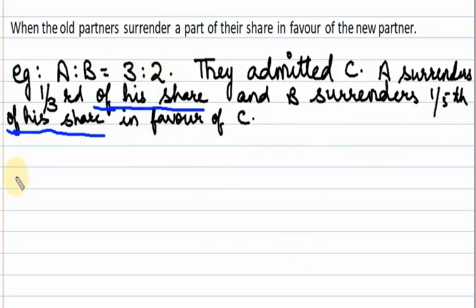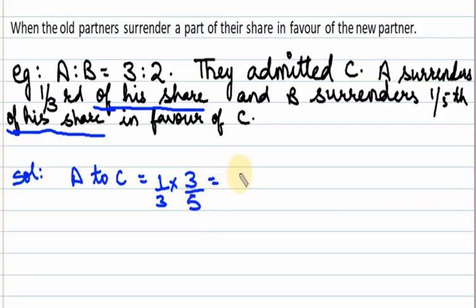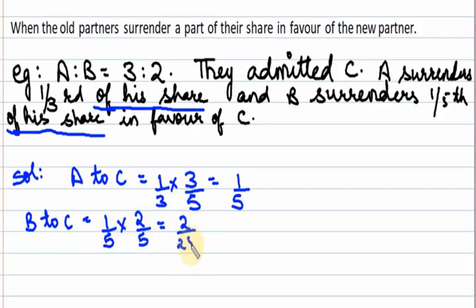So we need to find what A gave to C and what B gave to C. So A to C will be 1/3 of 3/5, that is 1/5, and B to C will be 1/5 of 2/5, that is 2/25.